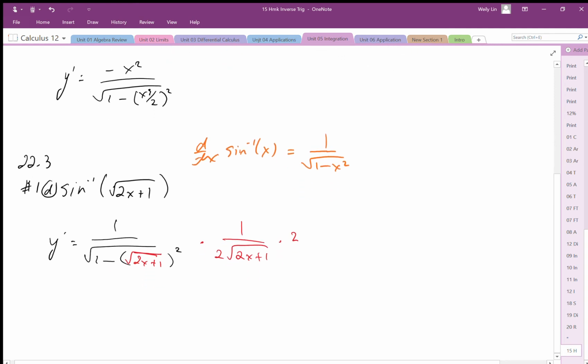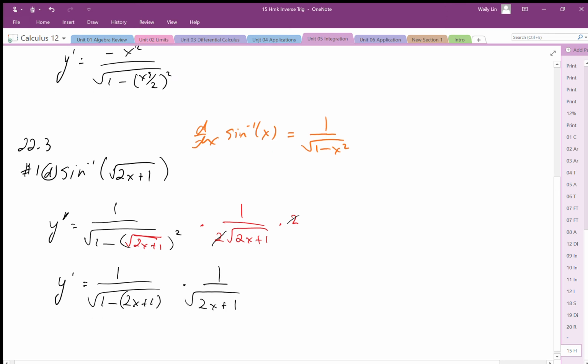And we also have to make sure we multiply that by 2 because of the 2x inside. Okay, and then simplifying this derivative then works out to be, looks like the 2's cancel out here. And then we end up with 1 over 1 minus 2x plus 1, over square root 2x plus 1.